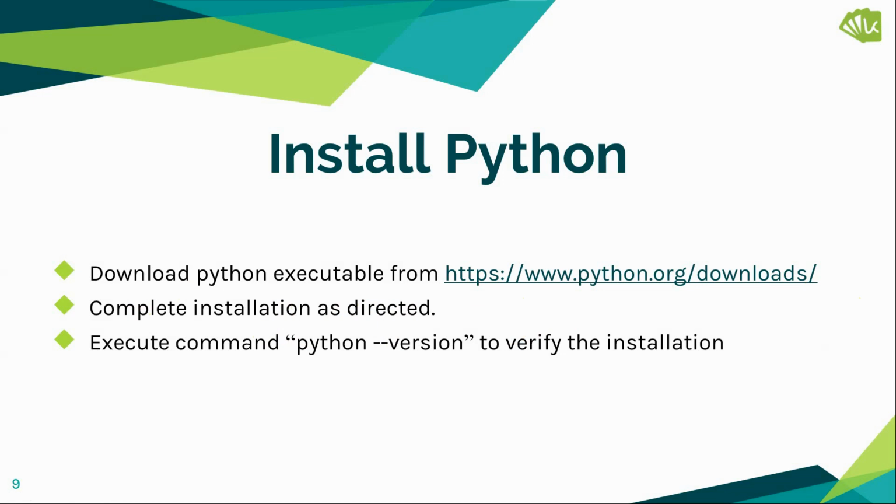It can be done on either Windows or Linux. Both are fairly easy. Once Python is installed, we just need to verify that it's done properly. We can simply run the command python --version. It will return the version of Python if everything has gone through fine.